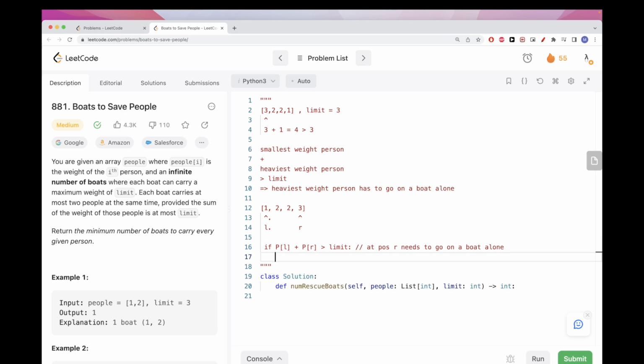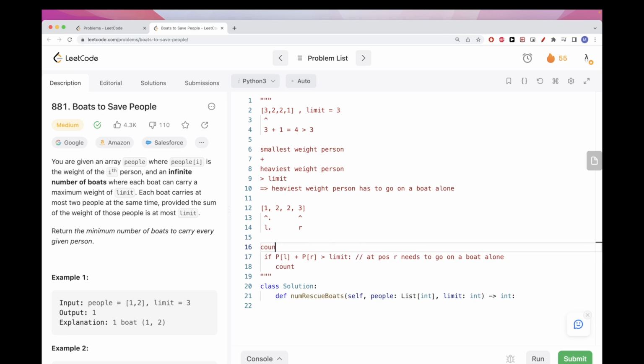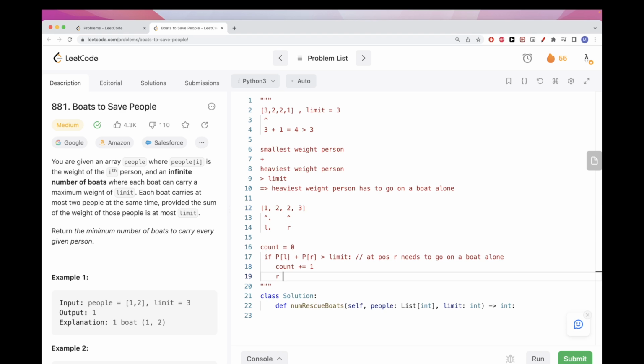And so we can just give it a boat, and we will need to maintain a count of boats. Since we've taken care of it, we need to move our pointer, because we already took care of this one. And so to do that, we can just decrement r.